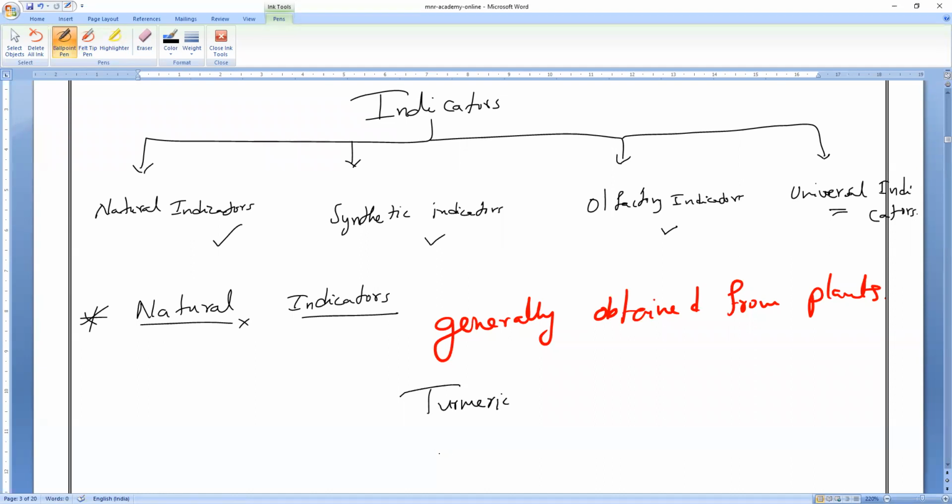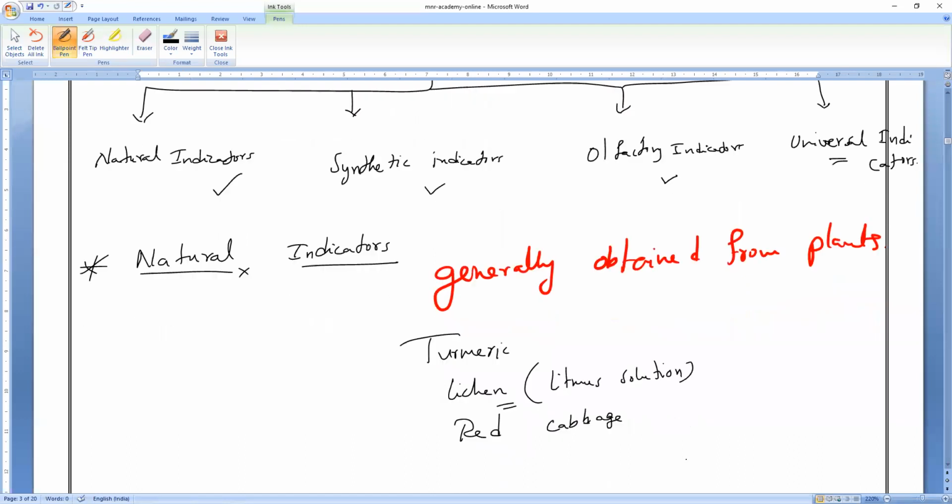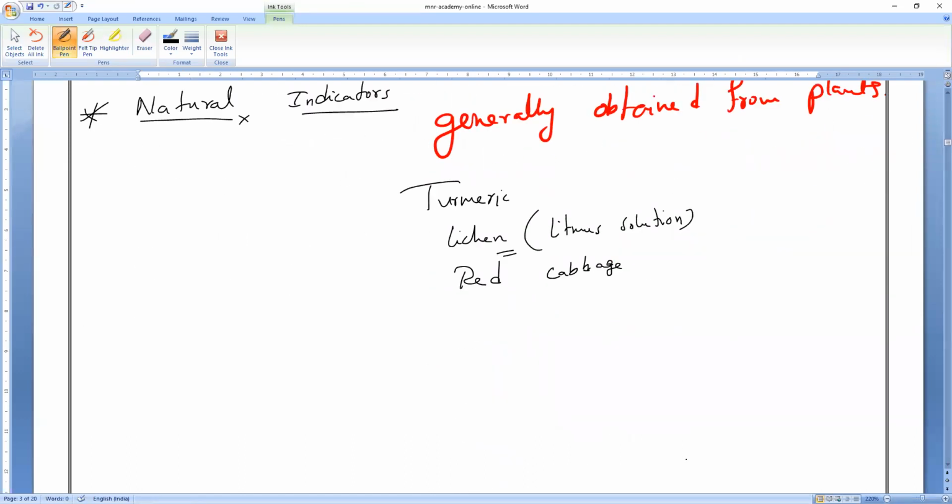And if you have visited our chemistry lab, the most popular one is litmus paper or litmus solution, which lichen plants produce. And red cabbage, you might have seen green cabbage, but red cabbage is also one of the indicators which we can obtain from nature and use to identify acids as well as bases.